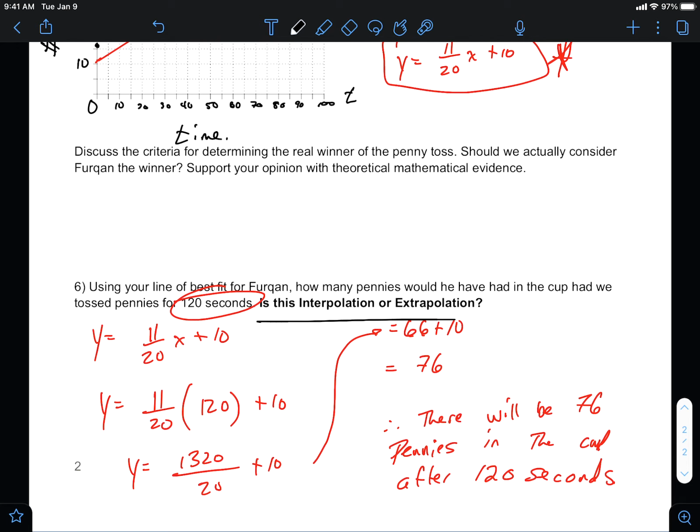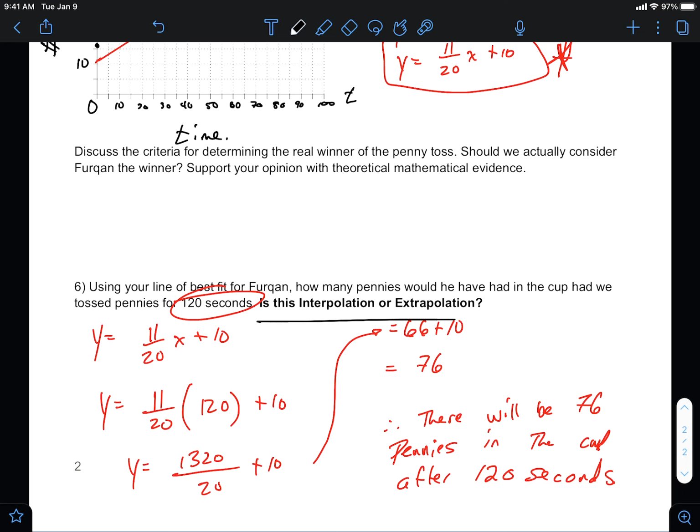Yes, extrapolation. Why is it extrapolation? Because it's outside of the data set. Outside the data set means it's extra, so it's extrapolation. That's how I remember that. Interpolation sounds like inner, inside. You can make inferences about data sets if it's within the data set, but 120 seconds lies outside of what we collected as data.